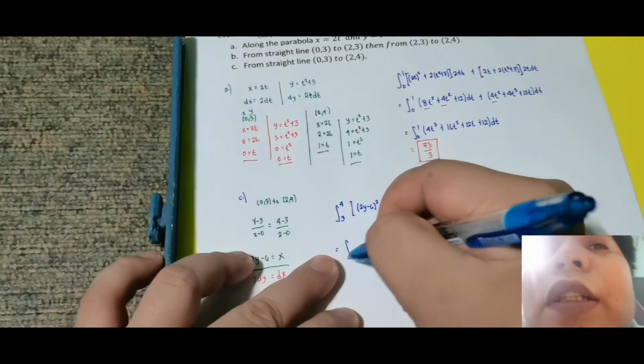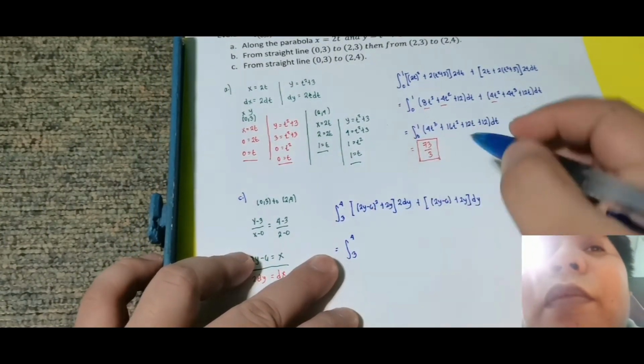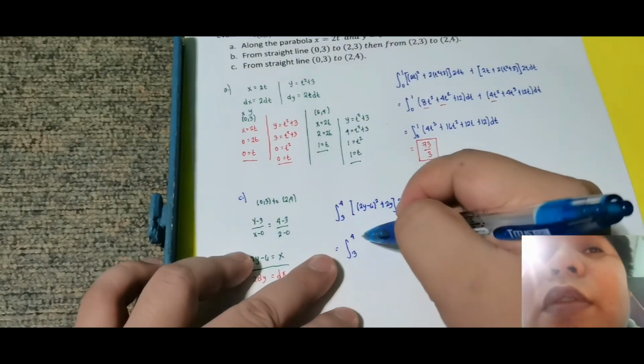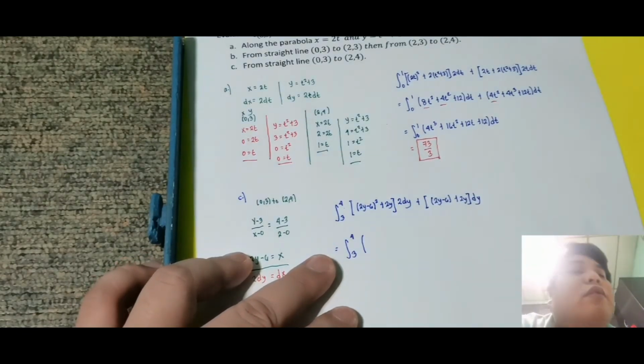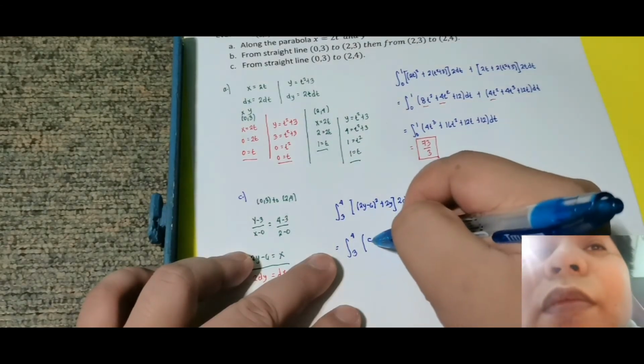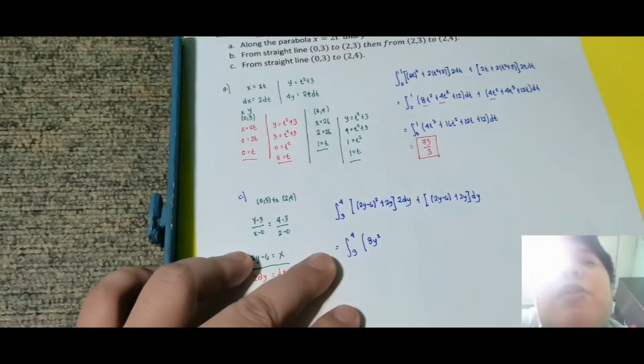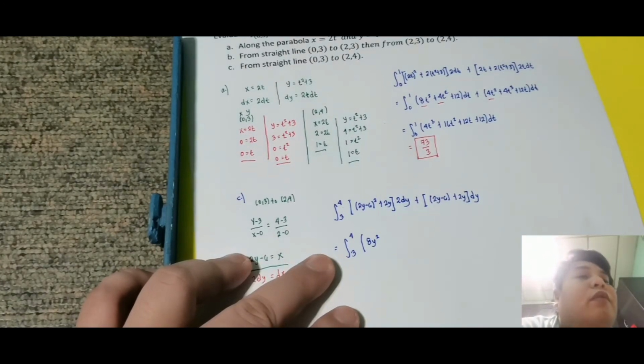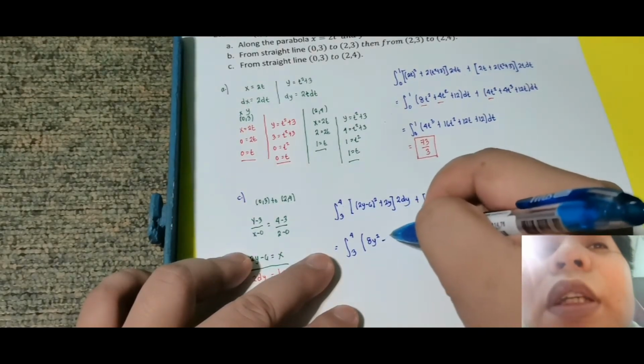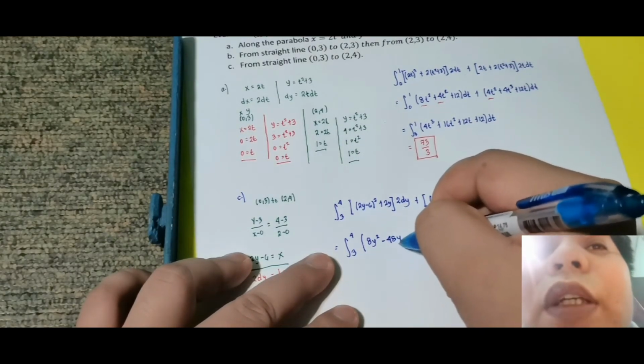So this is the integral from 3 to 4 ng, that is 2y squared, so that's 4y squared times 2, 8. Tapos negative 12y, no? So negative 24y times 2, negative 48y.